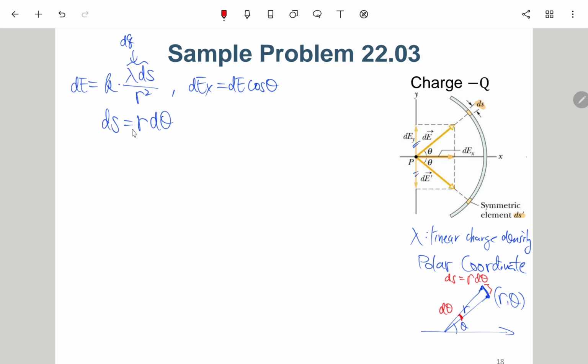Here we plug this into here. So we will have de is actually k times lambda r d theta over r squared, and then times cosine of theta.